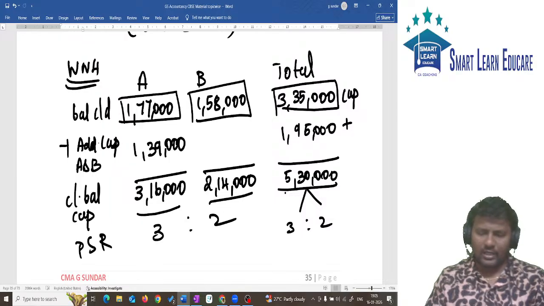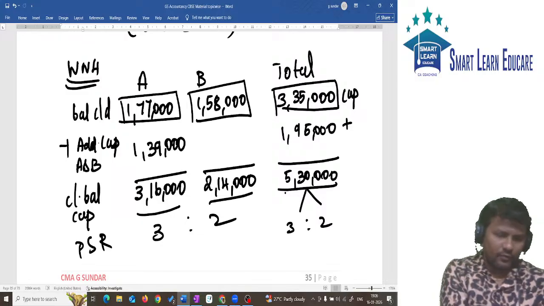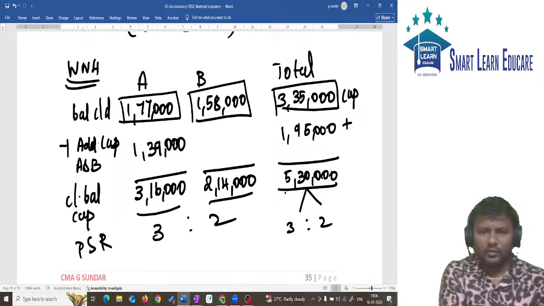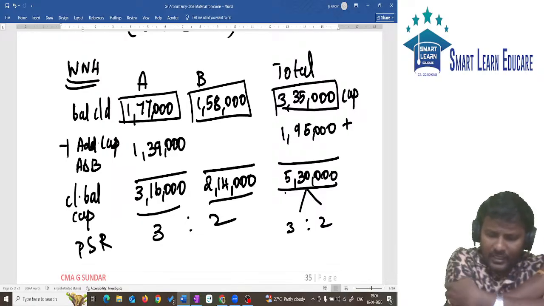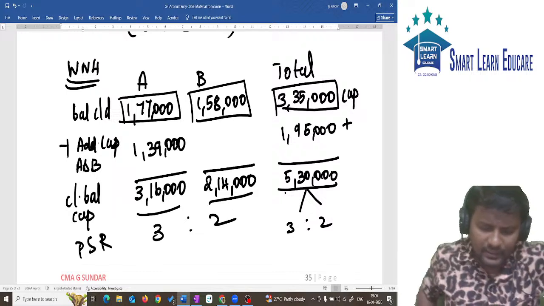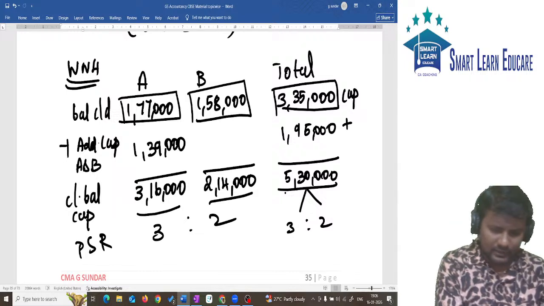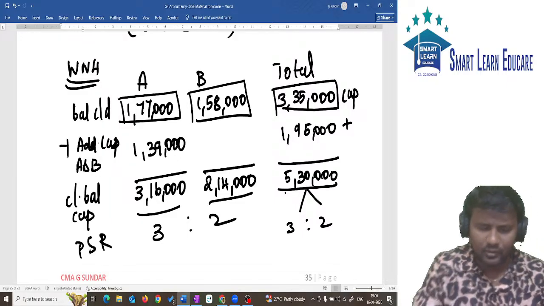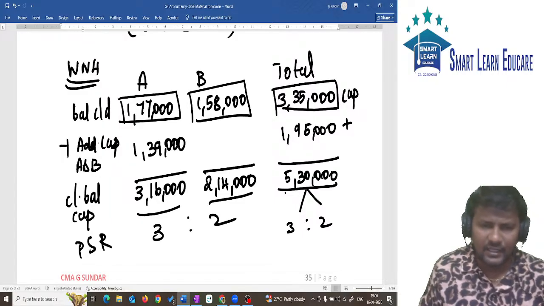Total capital is 1 lakh 77,000 and 1 lakh 58,000, and cash is brought in to settle the retiring partner. So 141 plus 54, that is 195. So it is 5 lakh 30,000 closing balance. If you share 5 lakh 30,000 in 3:2, 5 lakh 30,000 into 3 by 5, it is 3 lakh 18,000.